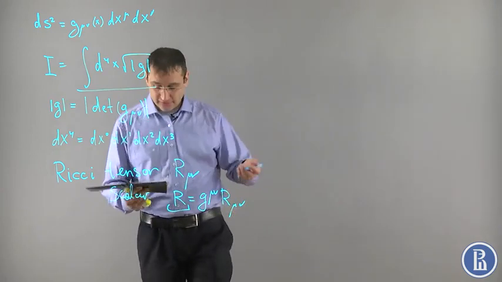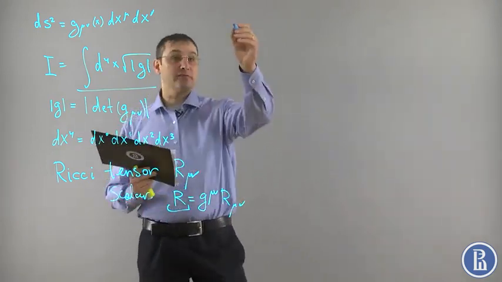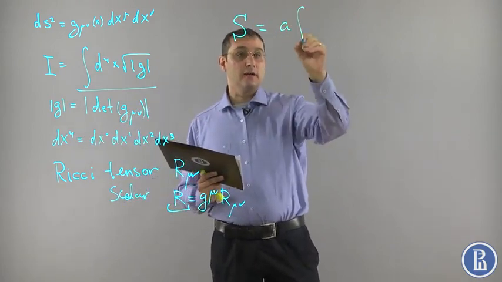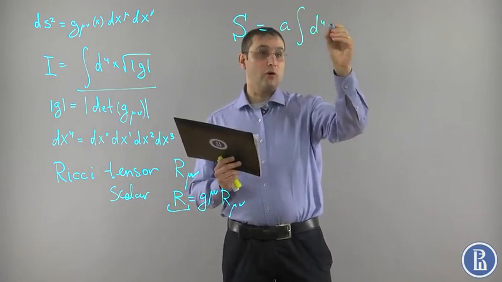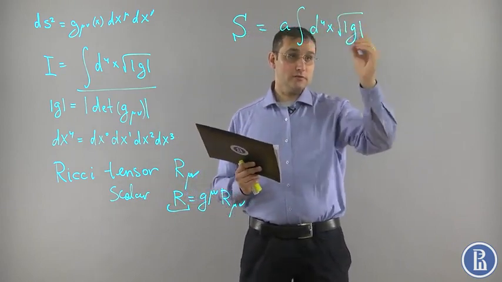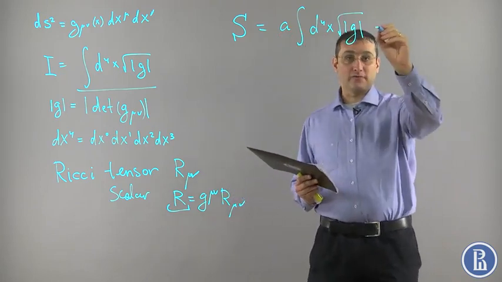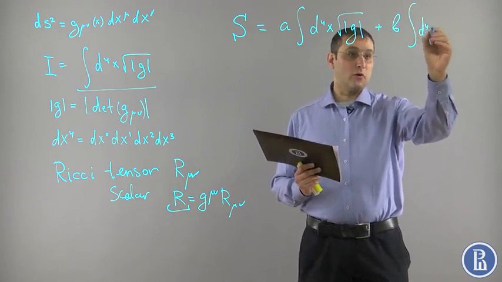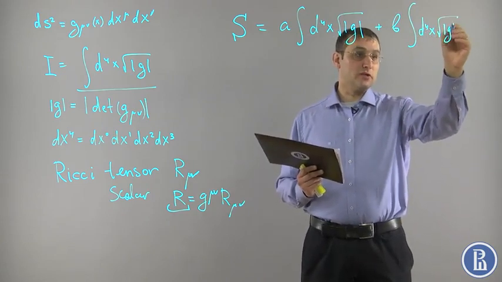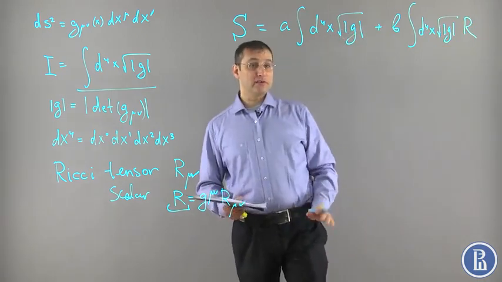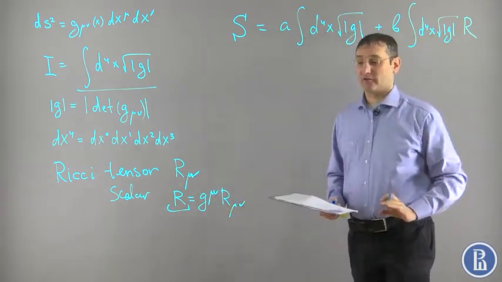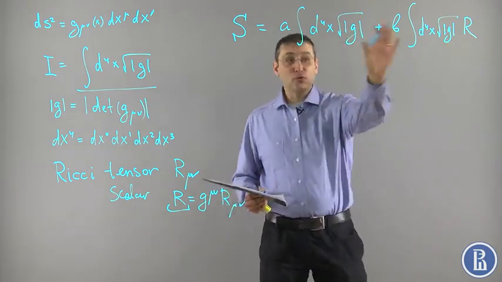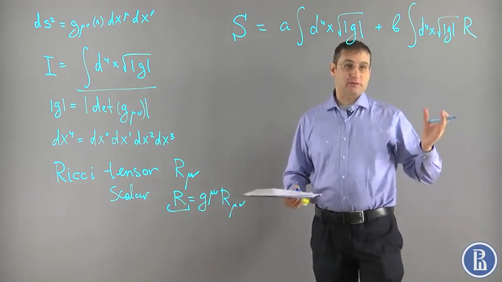So the proposal for the action is as follows: S is equal to a times the integral of d^4x square root of modulus g. Well, this is not the only thing. We have to add b times the integral of d^4x square root of modulus of g times R. These are the two simplest invariants that one can write, and this invariant already contains derivatives, unlike the first one. So these two together can give us something which describes dynamics.